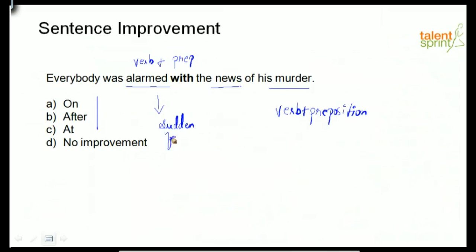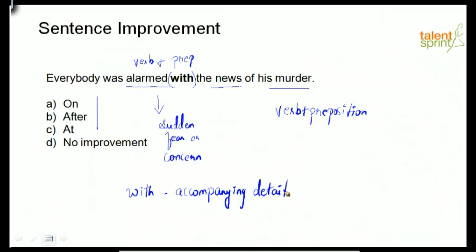Now all of us agree that the preposition in the context is incorrect, because with is a preposition used to mention accompanying detail. So that is illogical in the context. You obviously cannot be alarmed with the news. You're hearing the news and then you're reacting specifically about that news.